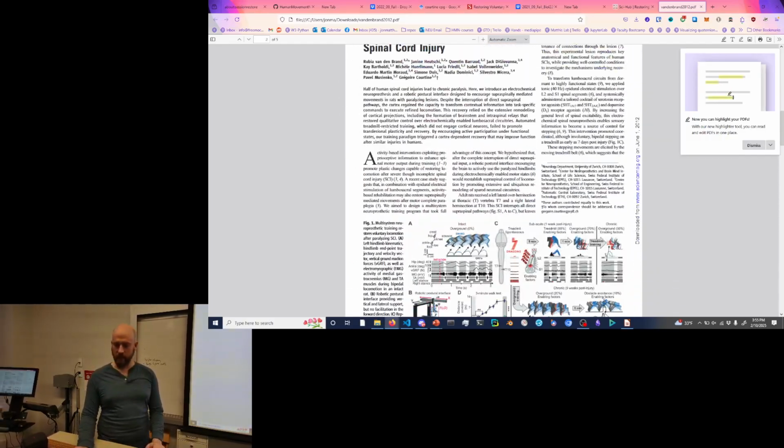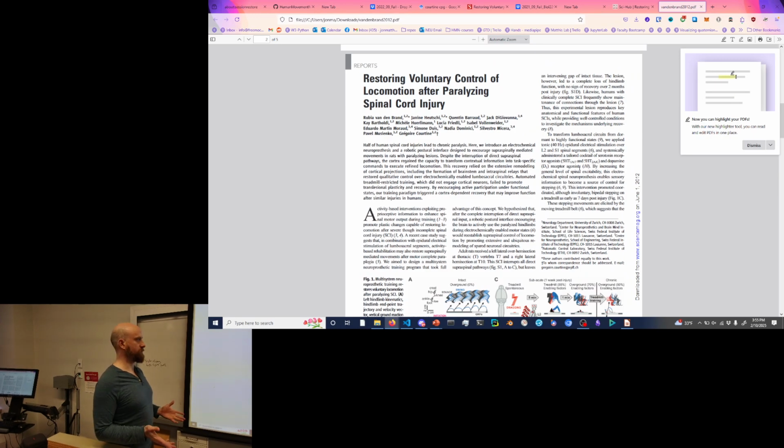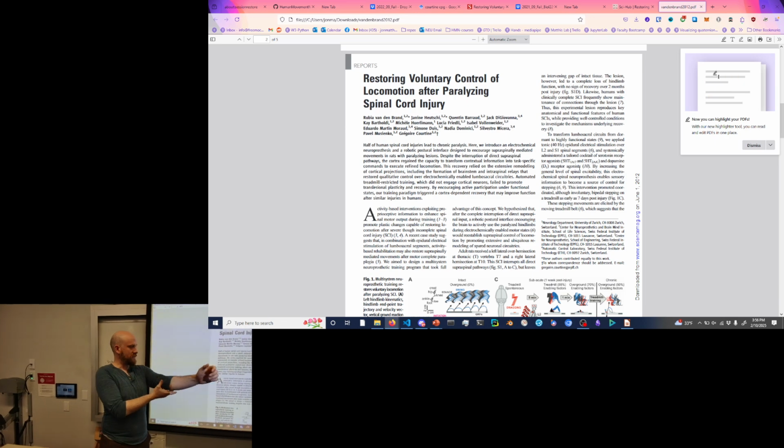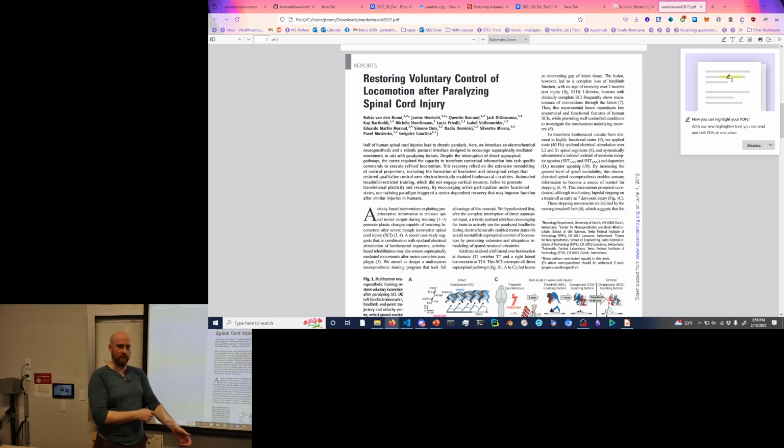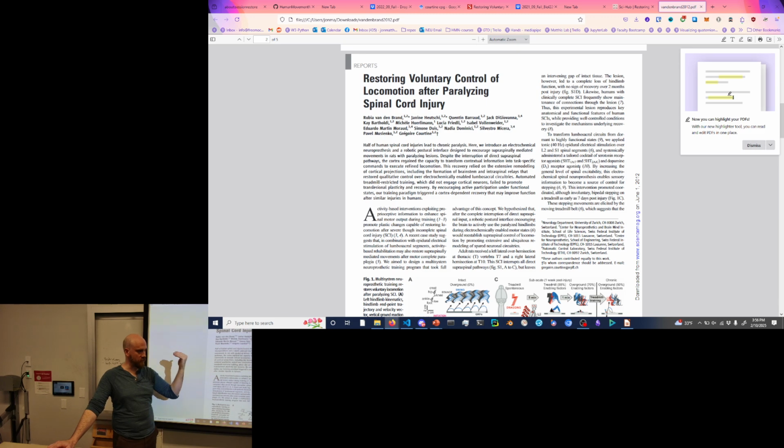So this is a study about the spinal cord. And in particular, it's looking at spinal cord injury and trying to get at what has been a holy grail type of thing for quite some time, which is the ability to heal spinal cord injuries. Like you get in an accident, your spinal cord is damaged, and you lose control of your limbs below that area.